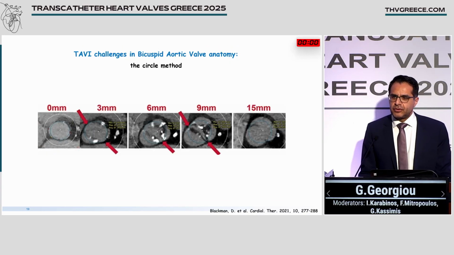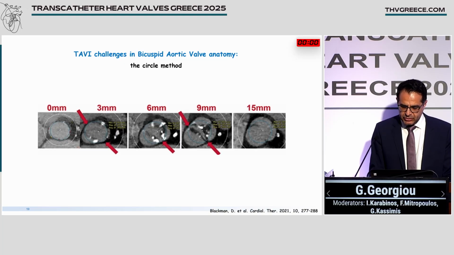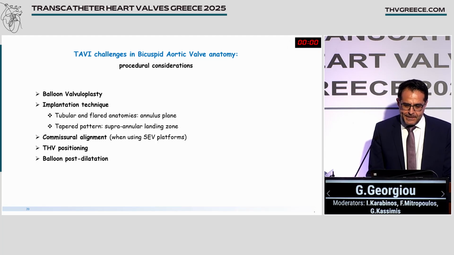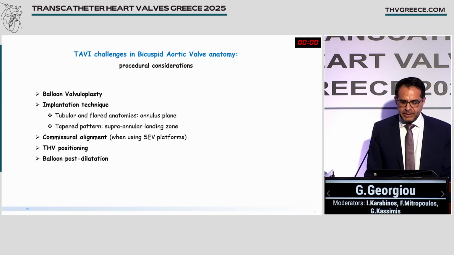And the circle method is used mainly in balloon expandable valves. It consists of drawing circles 3 millimeters above the annulus, and checking if this fulfills the anatomy without risk of annulus rupture.